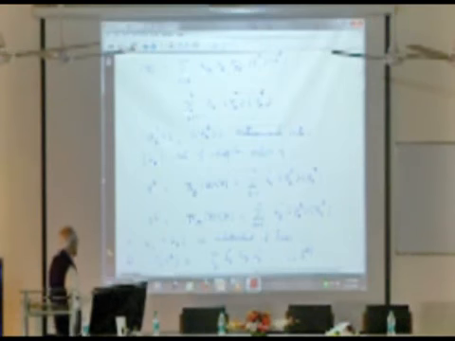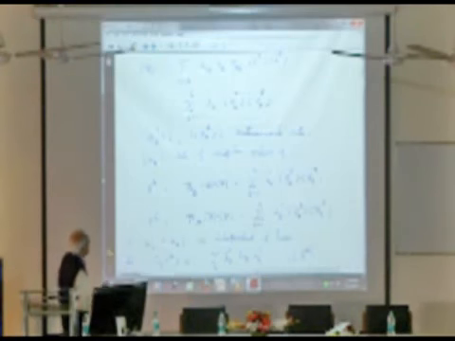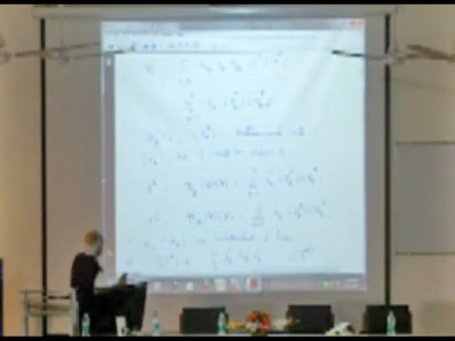And important numbers come from here: R, which is the rank of the matrix C which we had, and then lambda_k, the numbers which come in this expansion.